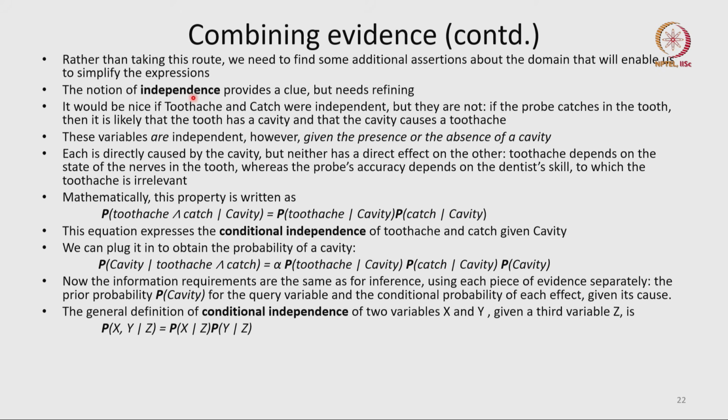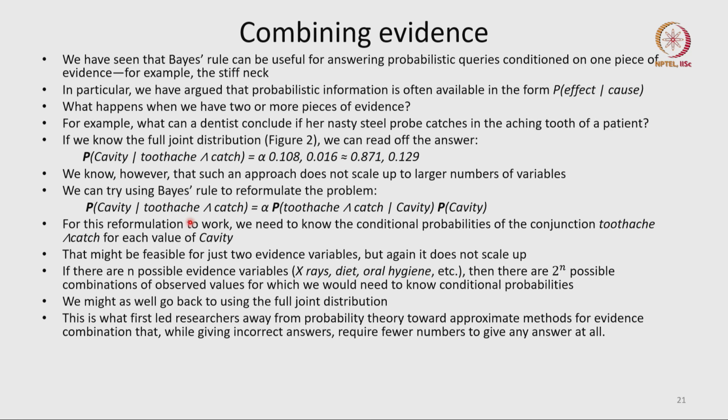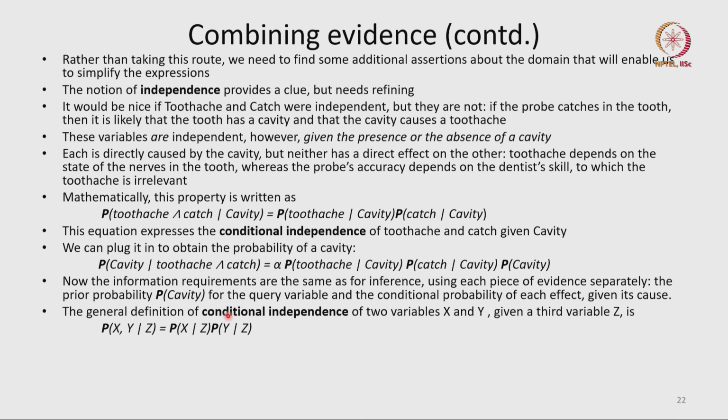So you need to have the notion of independence here also. Suppose you have these evidences that you are using, and they are all independent of each other, then you have what is called conditional independence. If you have conditional independence, the probability of toothache and catch given cavity can be written as the probability of toothache given cavity times the probability of catch given cavity.